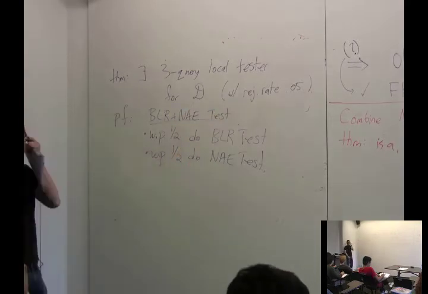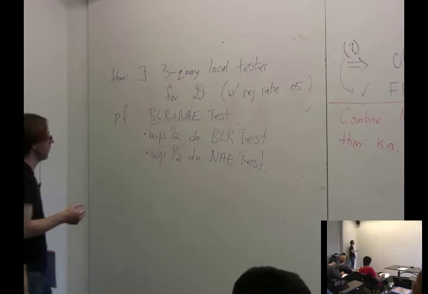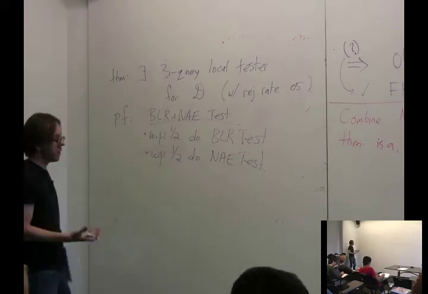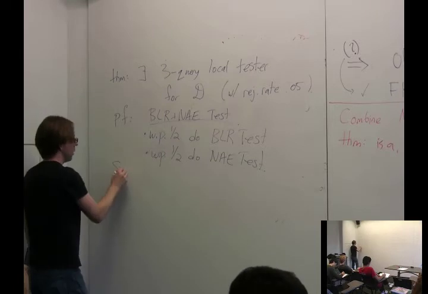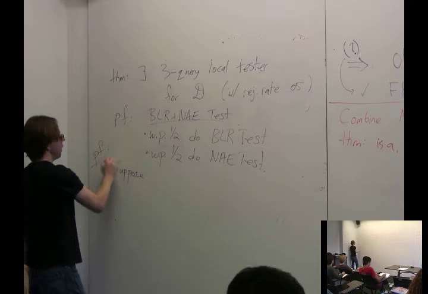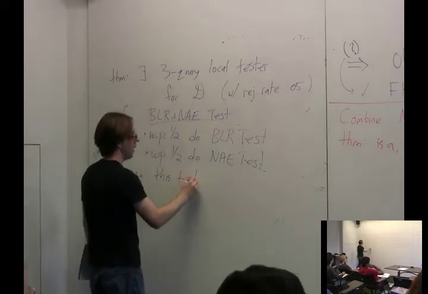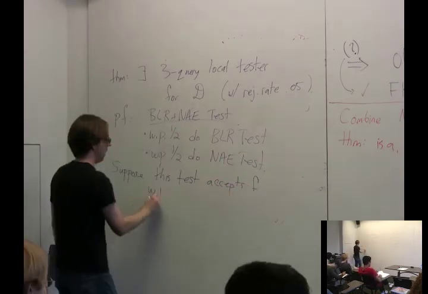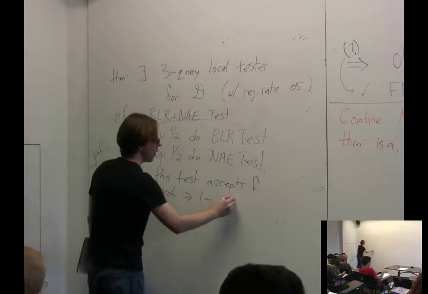OK, so that always makes at most 3 queries. And let me just do the analysis, sketching it. Still, if you're a dictator, you pass with probability 1. And suppose, this is kind of like the proof sketch, suppose this test accepts f with probability at least 1 minus 0.05 epsilon.